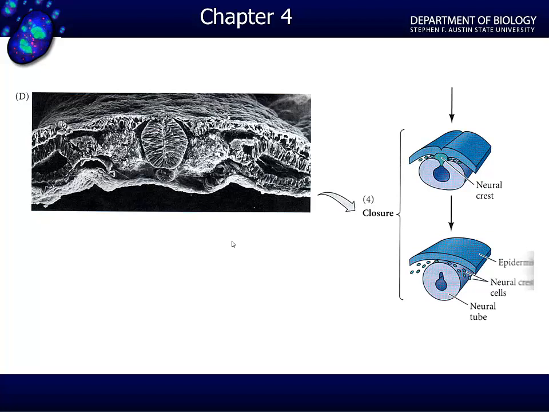And then at the very end, once that's all closed off, we have our surface ectoderm completely separate from our isolated neural tube, and our neural crest cells begin to migrate away from that site throughout the body.